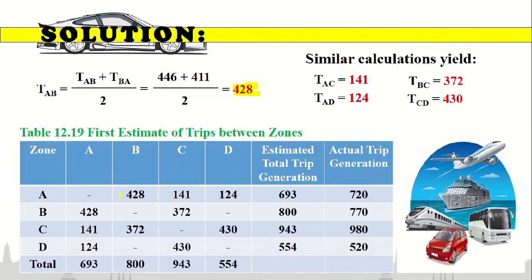So, ito siya. AB, 428. So, the same process ng pag-compute using the Fratar formula and the average formula, makukuha natin si TAC na equal sa 141, si TAD is equal to 124, si TBC is equal sa 372, and si TCD is equal sa 430.